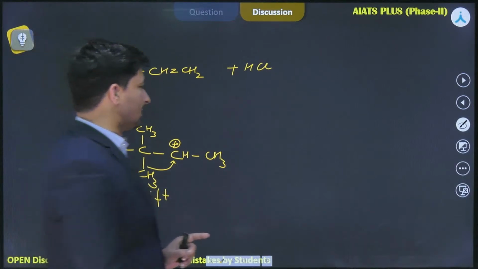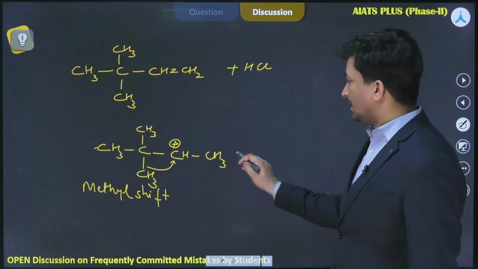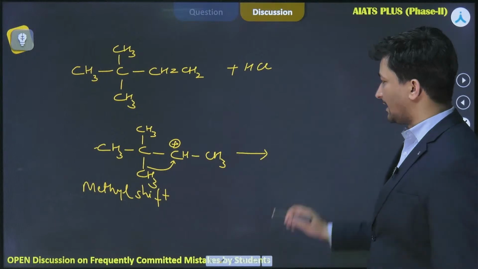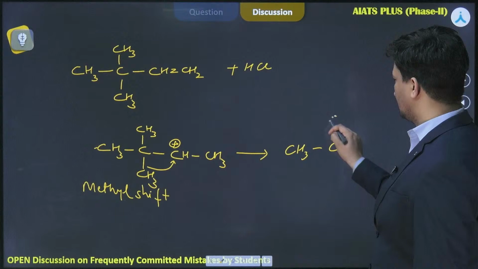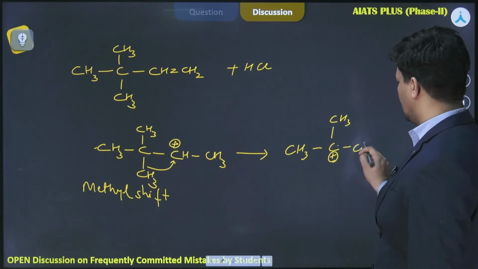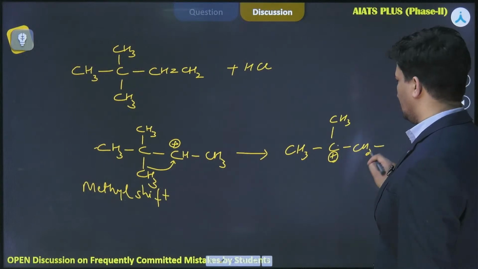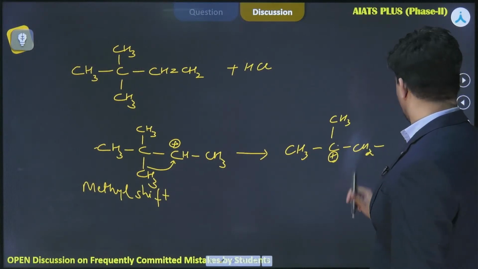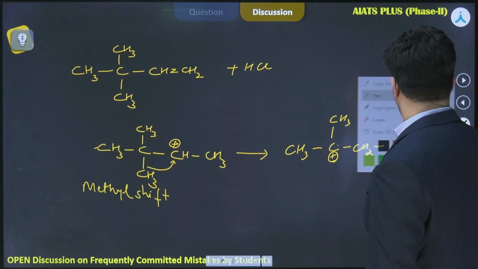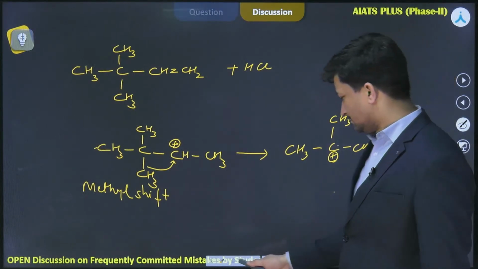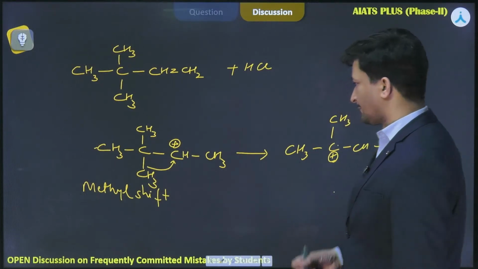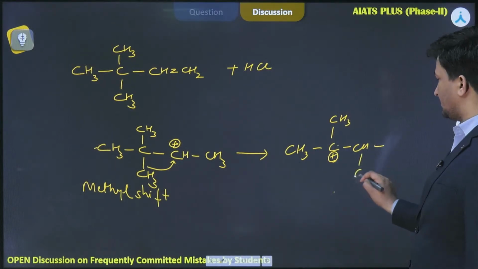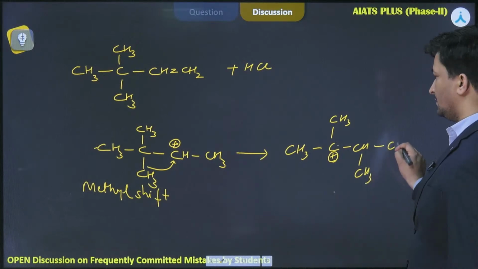And due to this methyl shift, we are going to obtain a more stable 3-degree carbocation. CH3, C, this will be CH3 again and CH3 here.